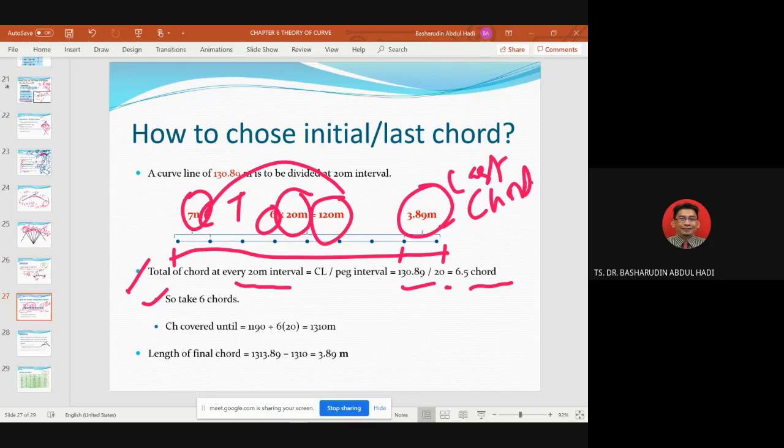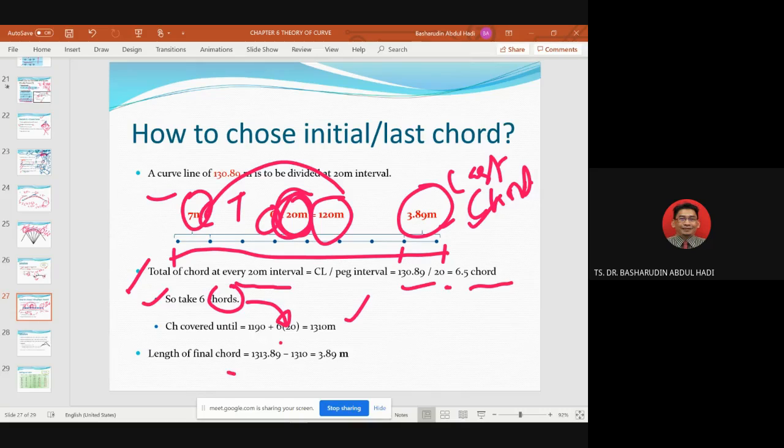JNH covers until 1190 plus 6 times 20, where 20 means every pack is 20 meter. The initial and the last one are not the same because we adjust.